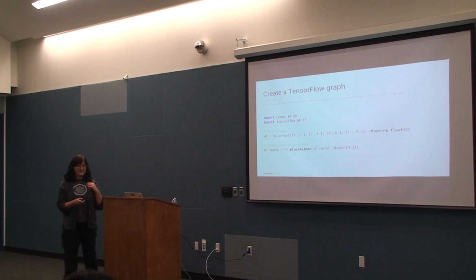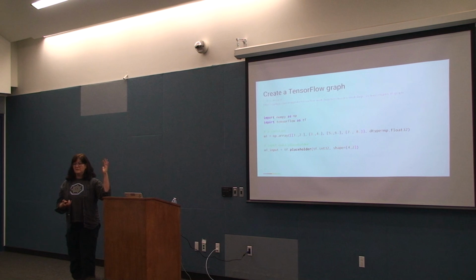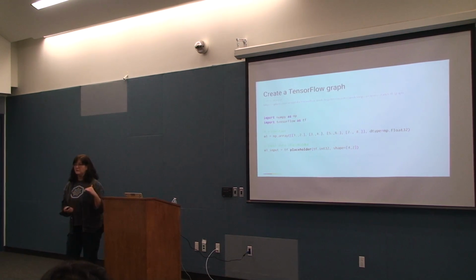The answer is that when you're defining these placeholders, you can tell it None, for example, as the first element in the shape vector. So you can define a placeholder with a shape that is not entirely specified ahead of time.